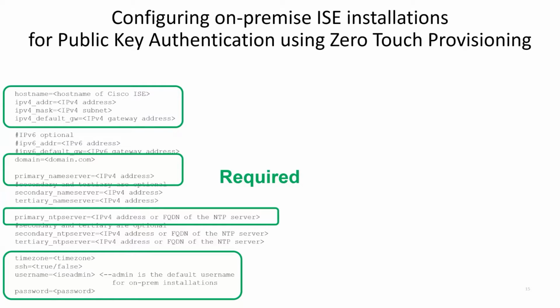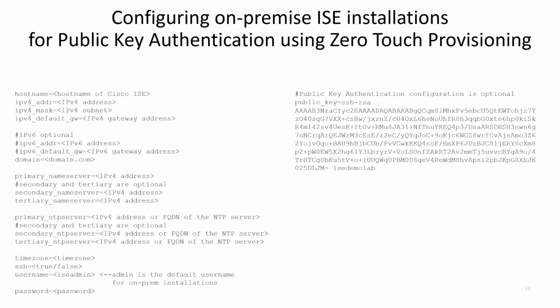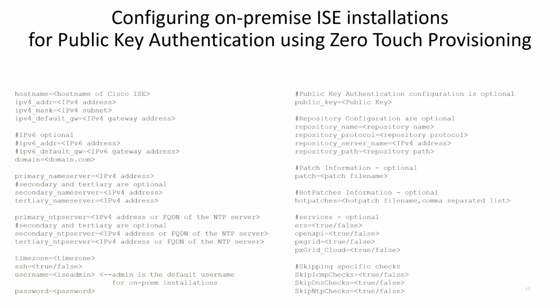Now with 3.2, we did make some updates to the zero-touch provisioning for your on-prem, and that is you can enable the public key authentication and add your public key right here in your zero-touch provisioning file. Once you have that in there, you have the rest of this information as well.